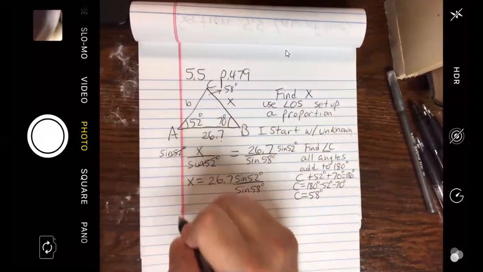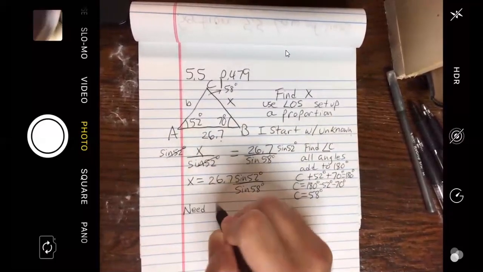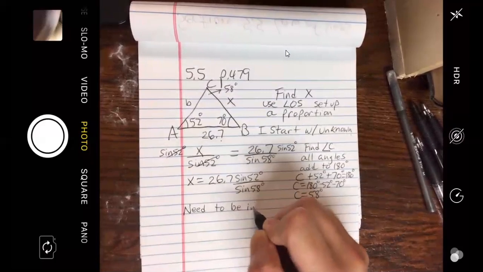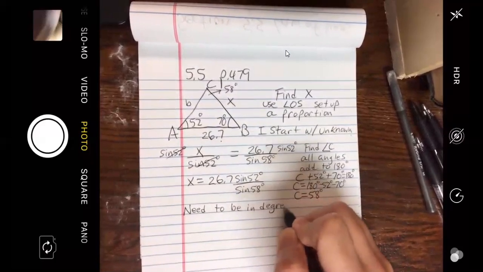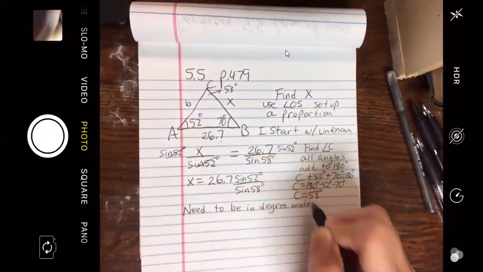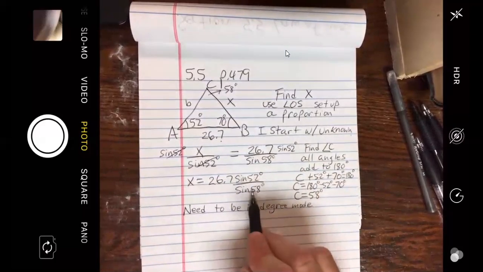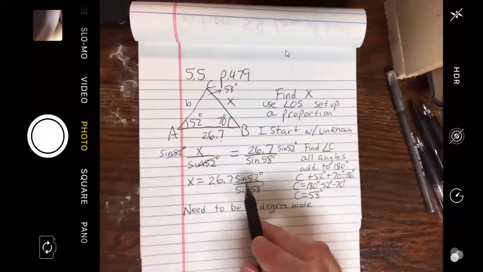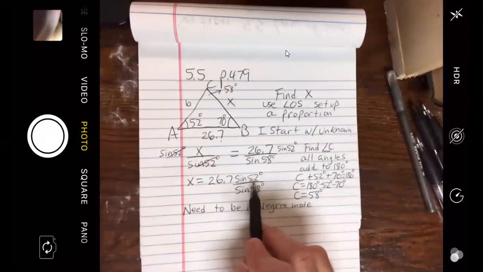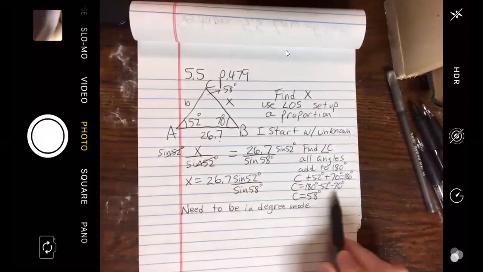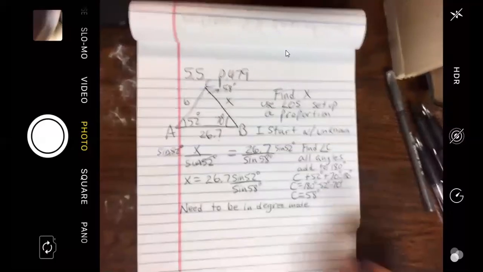Now you need to be in degree mode when you're doing a sine, cosine or tan, otherwise you won't get the correct value out for the function. When you take a sine, cosine, tangent, that's when it's important to be in radian mode or degree mode. Simply combining this, it doesn't matter.